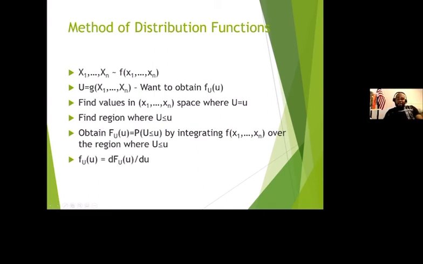So before we can obtain a lowercase f, we need to first obtain an uppercase F. To obtain my uppercase F, I need to integrate the joint density over the region where U is less than or equal to u. And at the end of the day, once I obtain my CDF, then I can obtain my PDF.